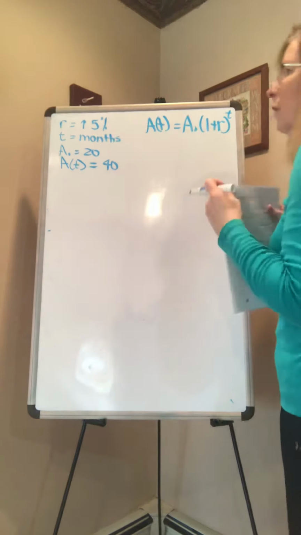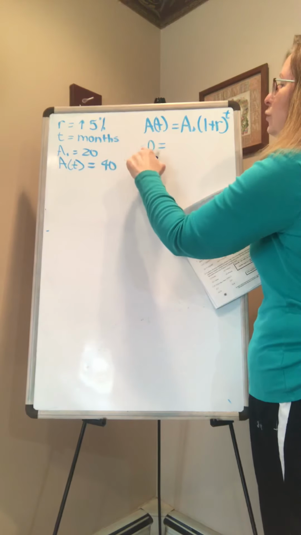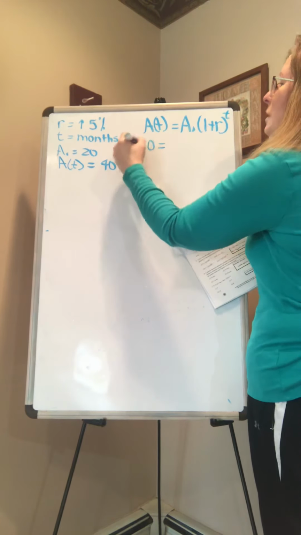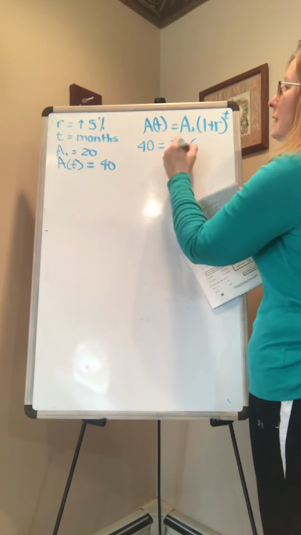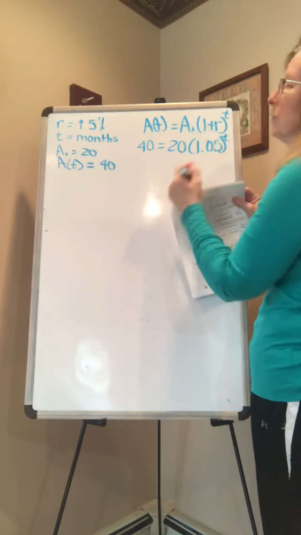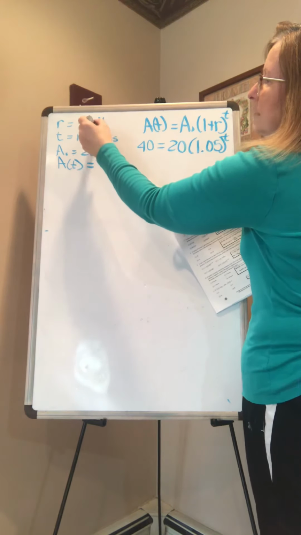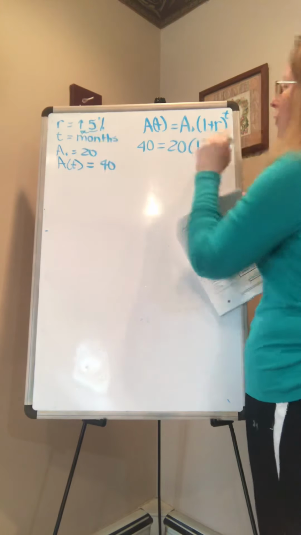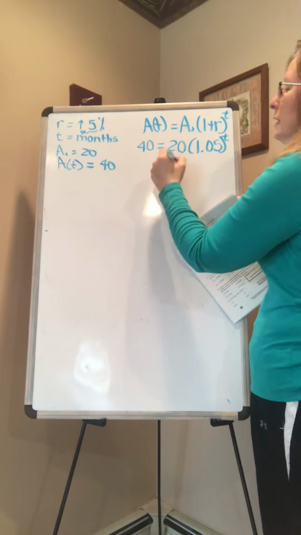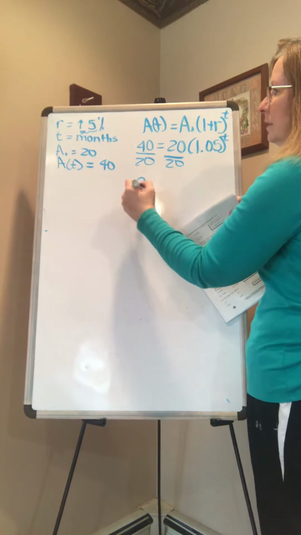So I have 40 bunnies is equal to 20 bunnies, and then I have 1.05 to the time, which is months. And remember, 5% decimal moves twice, so it's 1.05. Divide by 20, and here's where you get your double.